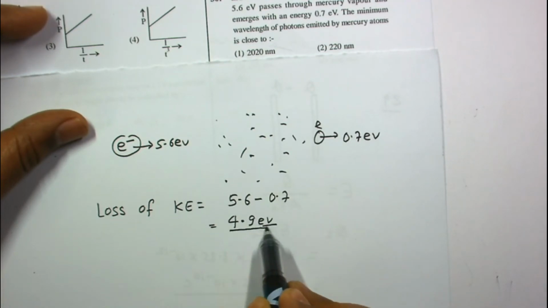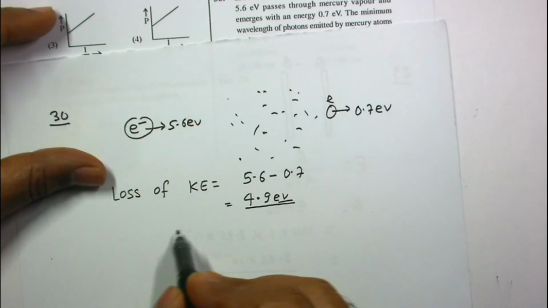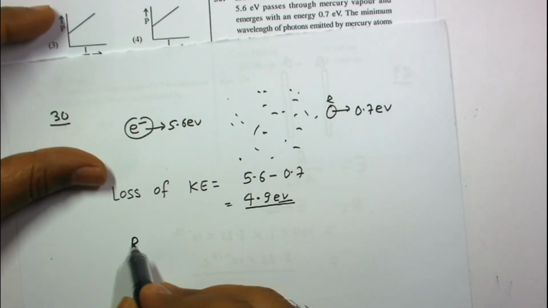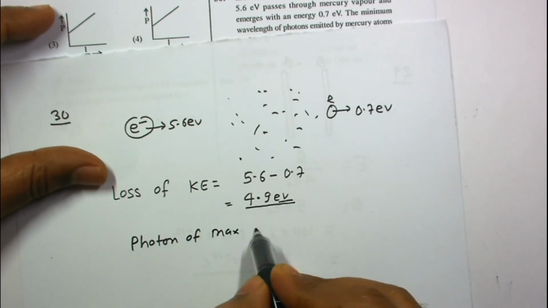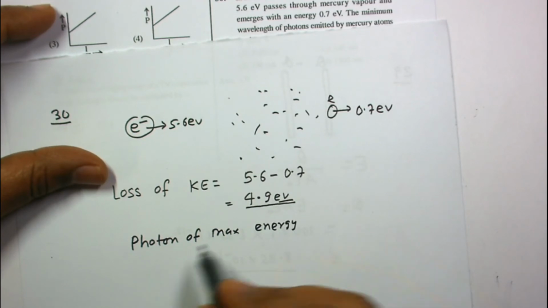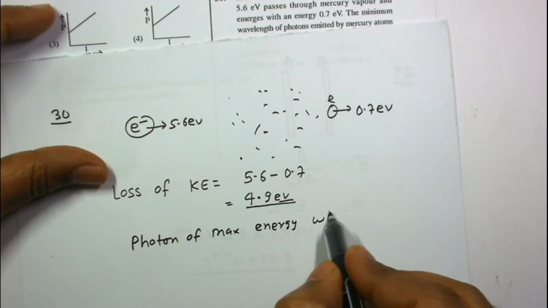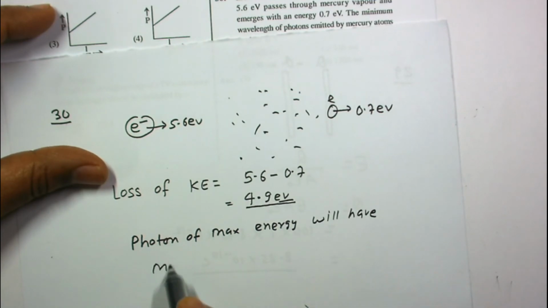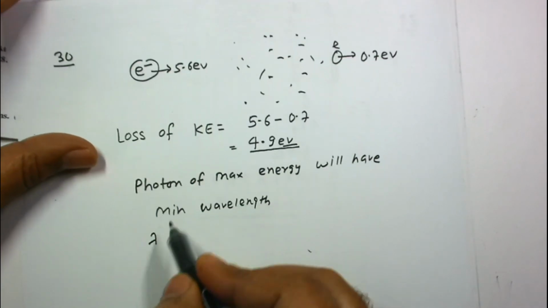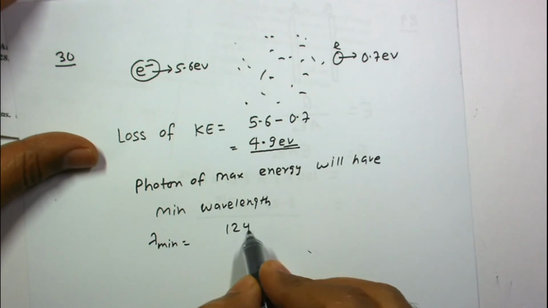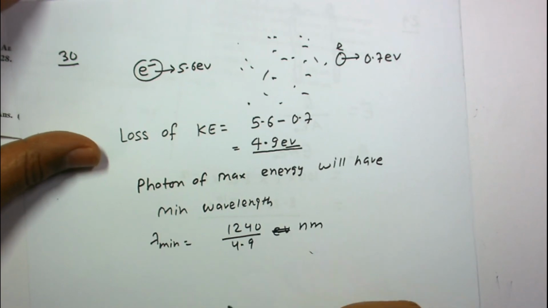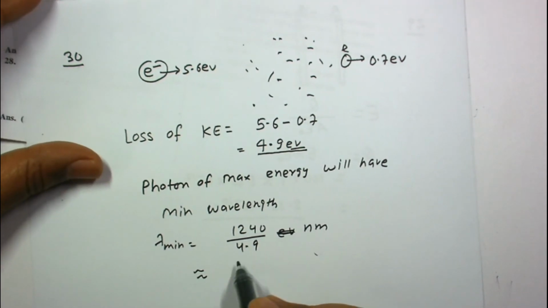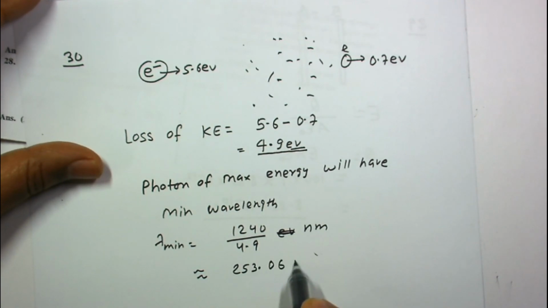If this energy is completely given to a single atom, then the photon of maximum energy will have minimum wavelength, and this lambda minimum is 1240 divided by 4.9, and this will give the lambda in nanometer, and on calculation this is approximately 253.06 nanometer.